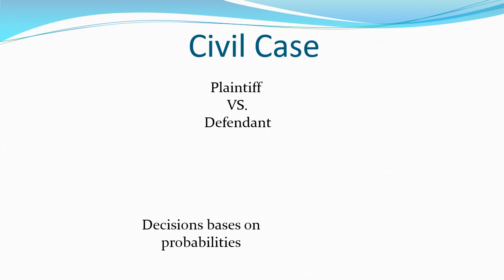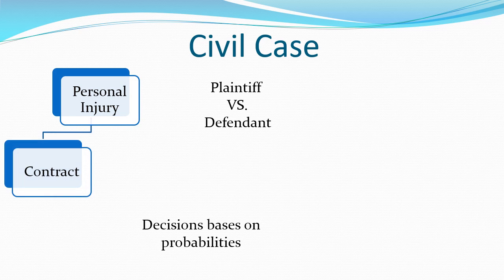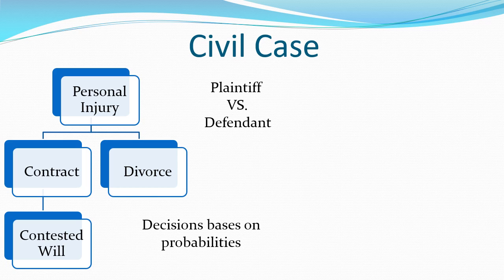For a civil case, it's a little bit different. A civil case is normally two individuals or a group that can't come to an agreement. So this is going to be a personal injury case, something that falls under a contract, a contested will when someone passes away, and it also goes under divorce. So these are some of the key things that go for civil cases.